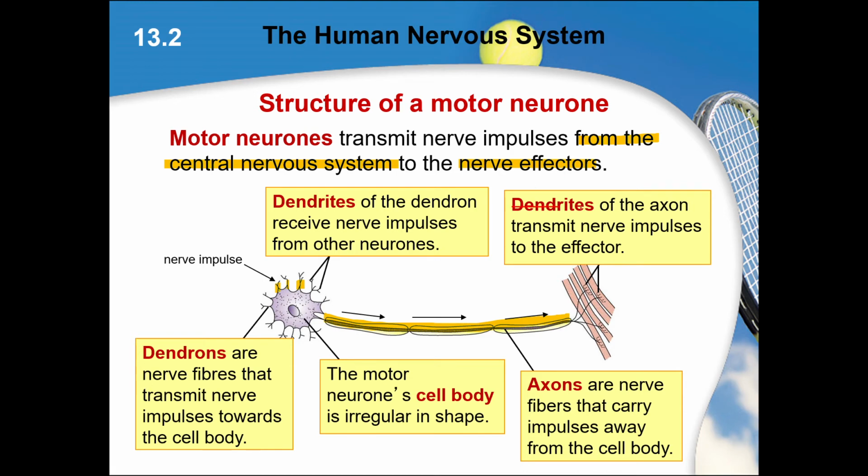We don't call it the dendrites of the axon. We will call it the axon terminals. Okay. Axon terminals will transmit nerve impulses to the effectors. In this case, the effectors are the muscle fibers. So these are actually muscle fibers that will carry out the action that you desire.